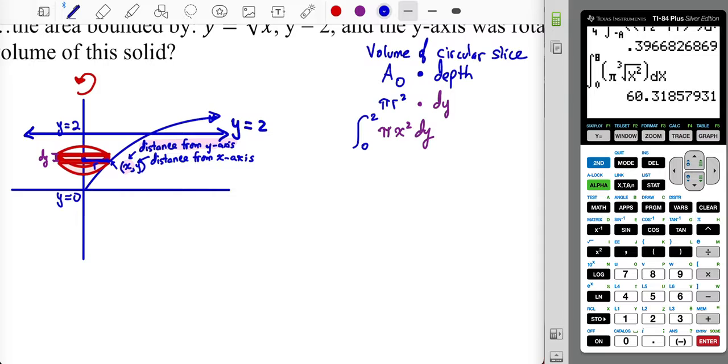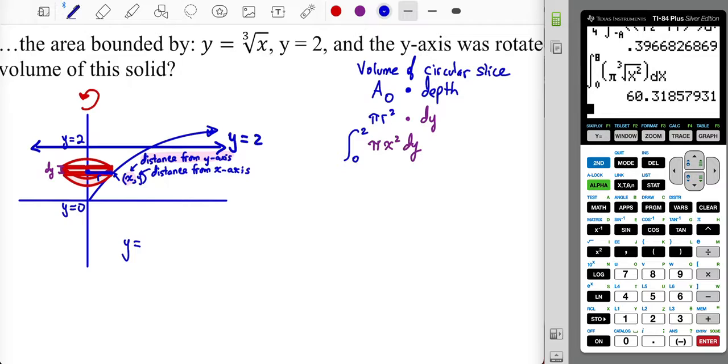So now it's a question of, okay, well, we have an inconsistency between the variable of integration and the variable contained within the integral. y is equal to the cube root of x. If I cube both sides, I get x in terms of y. So from 0 to 2, pi times y cubed squared.